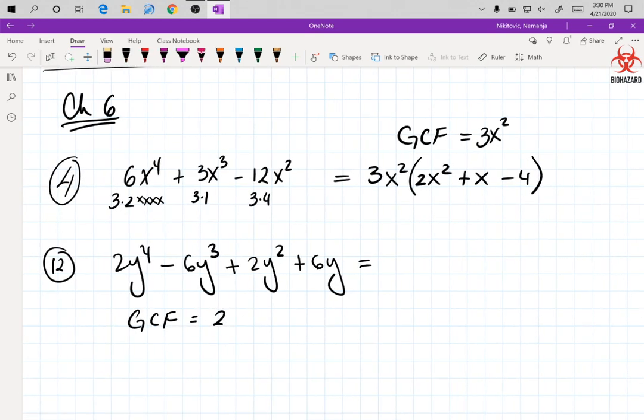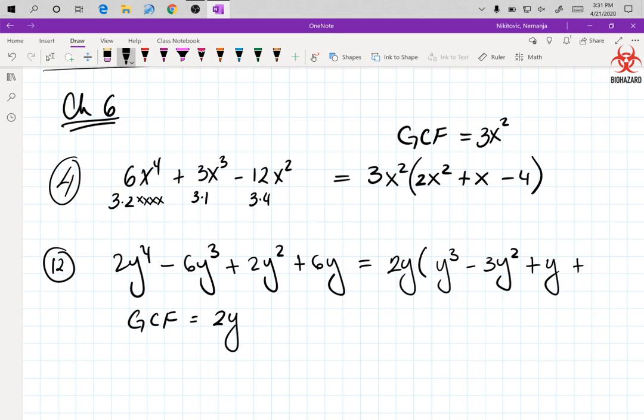Because every term is an even number, and the smallest one is a 2. And all of the y's, they all have at least one y. So we kick out 2y, and we leave the leftovers inside the parenthesis. That's going to be y cubed plus 3y squared plus, 2 is out, so just a single y, and then finally plus just 3, because 2 is taken out.